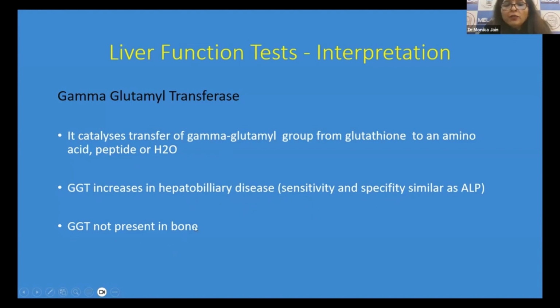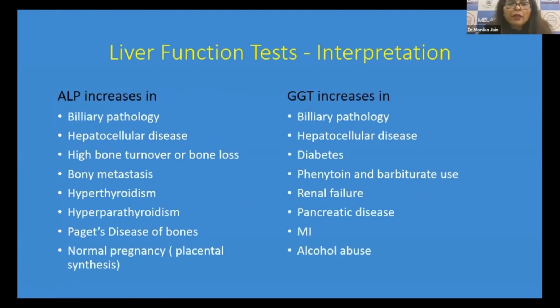GGT is not present in bone. So if we have raised alkaline phosphatase and we are confused about the source of the rise, then we can take help of gamma GT. If gamma GT is also raised, then probably the source of raised alkaline phosphatase is hepatic or hepatobiliary in origin.